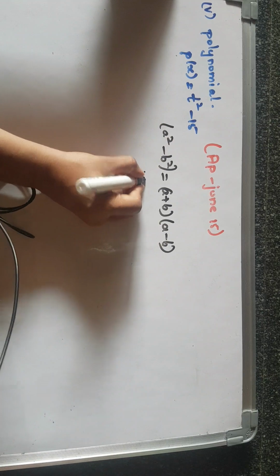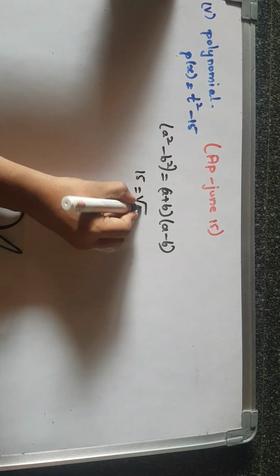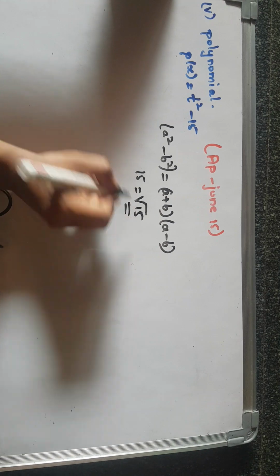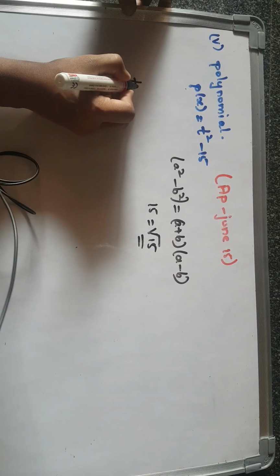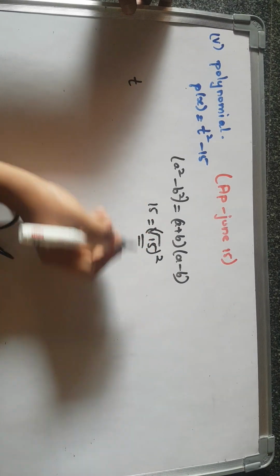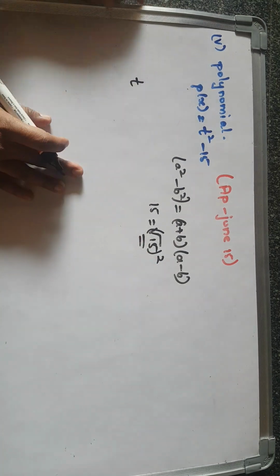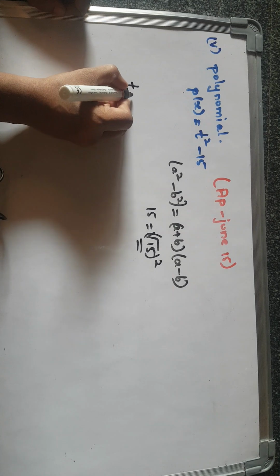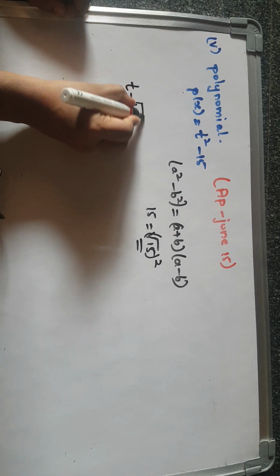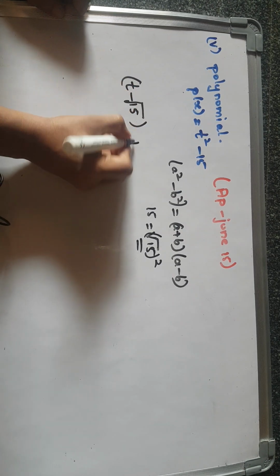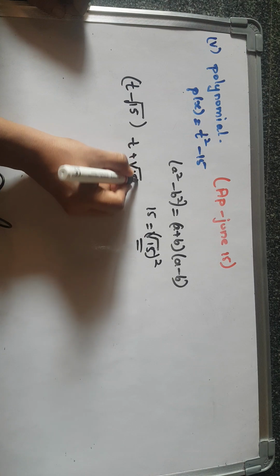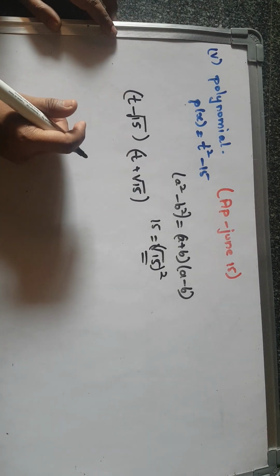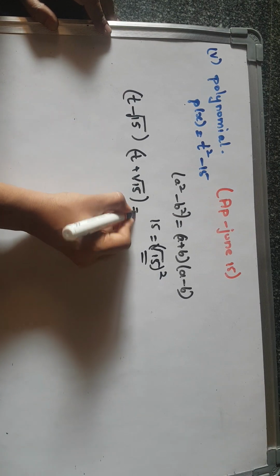The square root of 15 we can write as root 15, and root 15 whole square is 15. So t minus root 15 times t plus root 15, and this value equals 0.